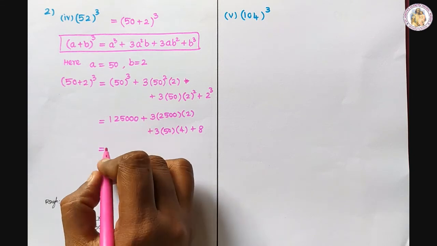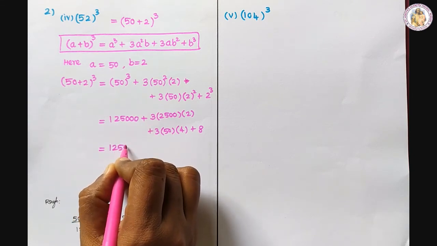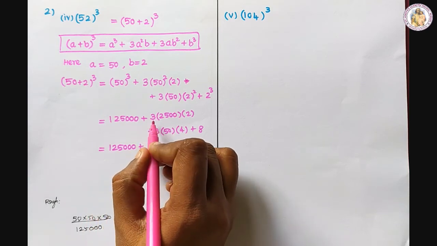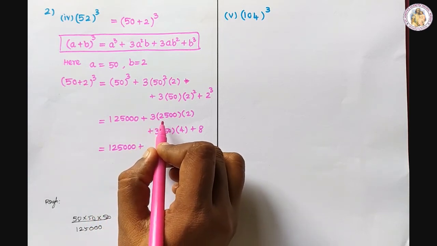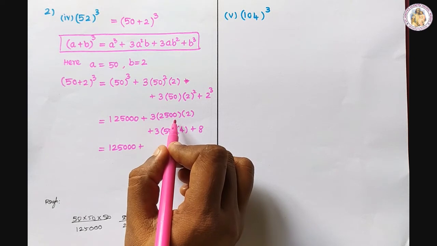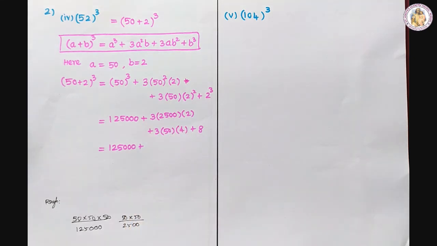1,25,000 plus 3 into 25, that is 75, put 2 zeros, into 2. 3 into 2,500, that is 3 25s are 75, and put 2 zeros, into 2. Here 2 zeros, 2 5s are 10, 7 2s are 14, plus 1 is 15.